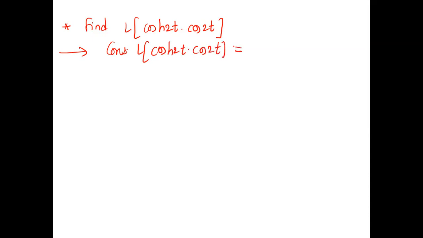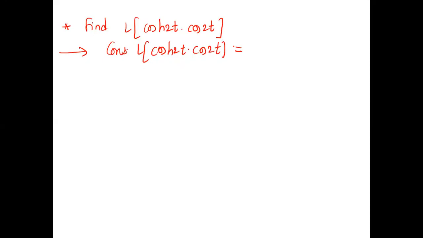Which property? Can we separate first using linearity? Use the formula of 2 cos A cos B and then apply. Linearity is correct, but initially we cannot separate as there is multiplication. We can only do it in plus or minus.